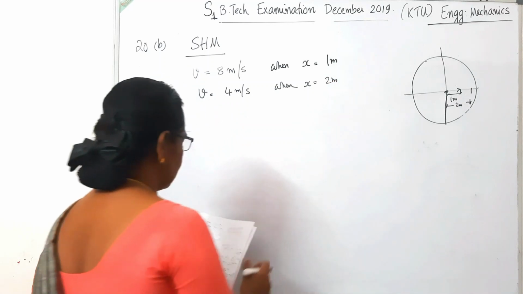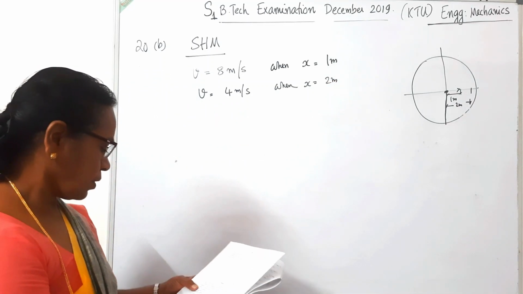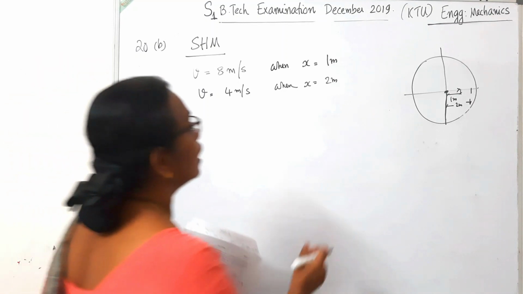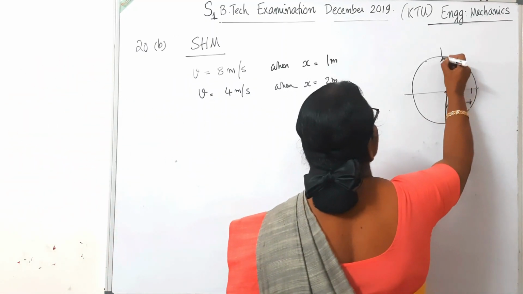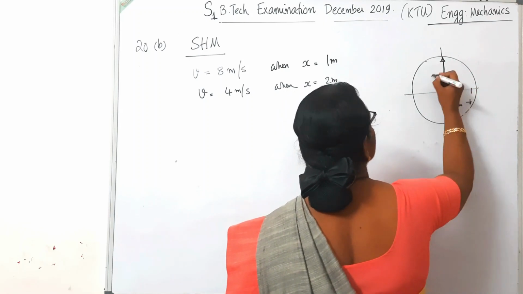These are the two data given to us, and you are asked to find out the amplitude. Amplitude is the maximum displacement, or the radius of the circle.